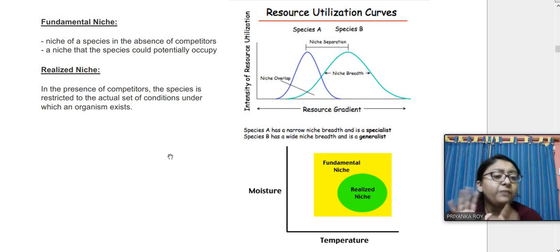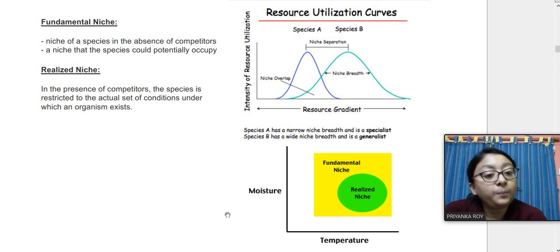If in a forest one animal has a particular niche and sees that there is no other competitor in the area, what will it try to do? It will try to take over all the place, all the food, all the land, everything. It will try to take it all. That is the fundamental niche, when it can potentially occupy the maximum that it can.